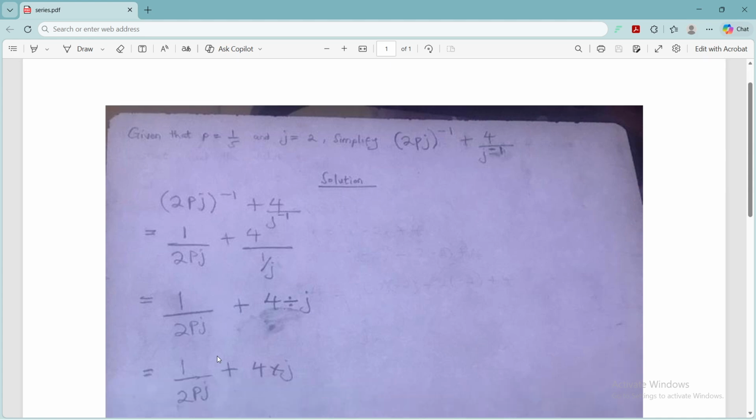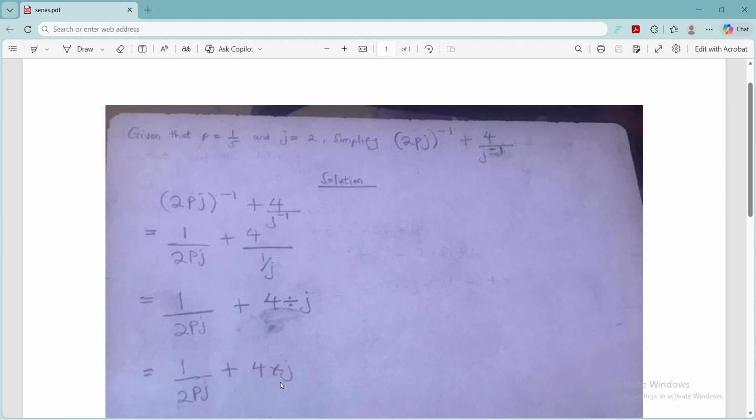the fraction 1 over 2pj plus 4 multiplying j, right? Because division represents multiplication.